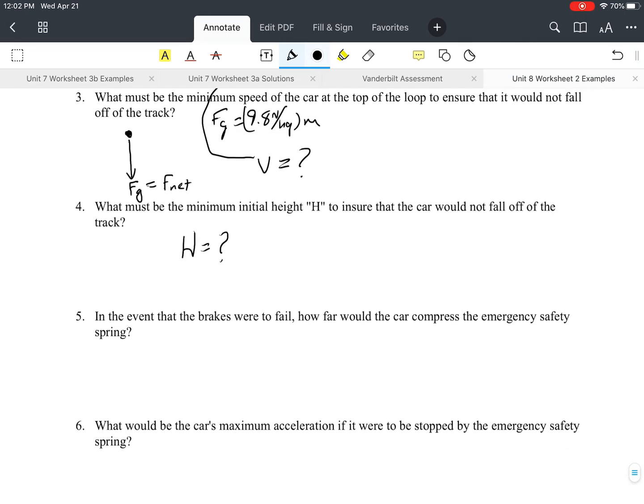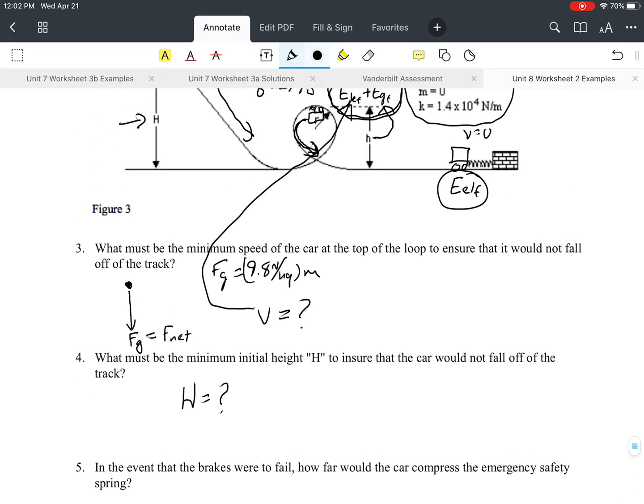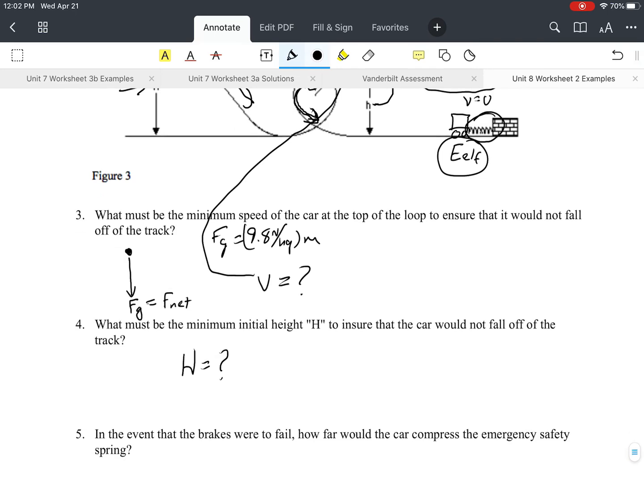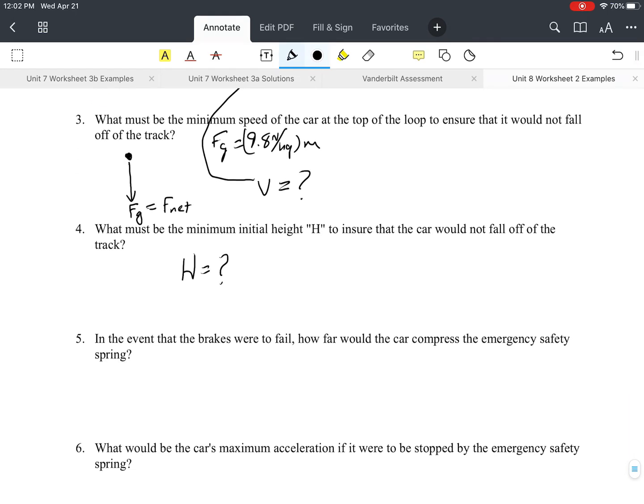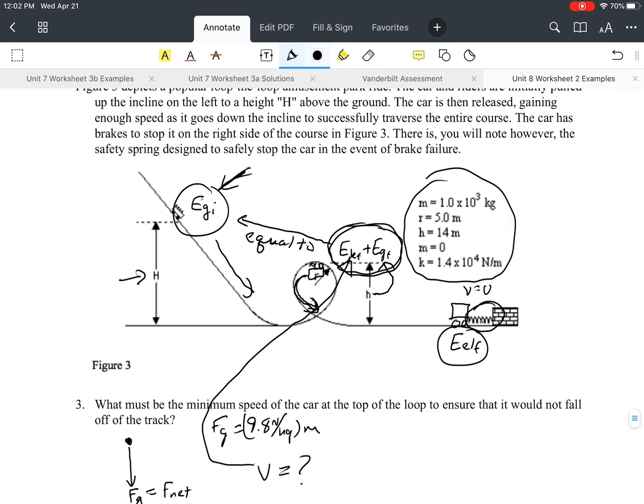Okay, and then number 5 just says, in the event that brakes were to fail, how far would the car compress the emergency safety spring? So here's that emergency safety spring right there. And so basically, what energy did we start off with? This EGI. And then all of this EGI right here at the top is going to be equal to all of this elastic energy at the bottom, which is also equal to all of this kinetic and gravitational energy in the middle.